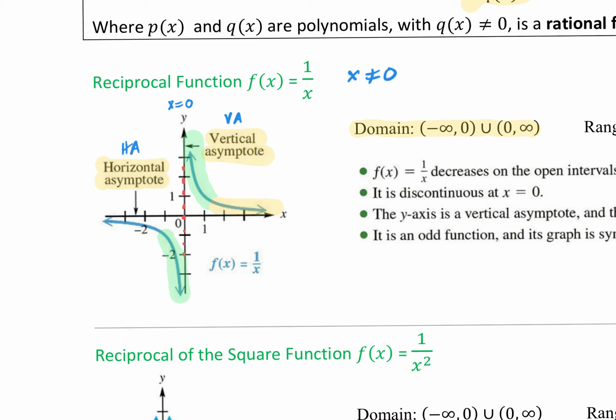Our reciprocal function 1 over x has a vertical asymptote, which is the y-axis. The equation of that vertical asymptote is x is equal to 0. It has a horizontal asymptote, which would be the x-axis. The equation for that horizontal asymptote would be the horizontal line y is equal to 0.